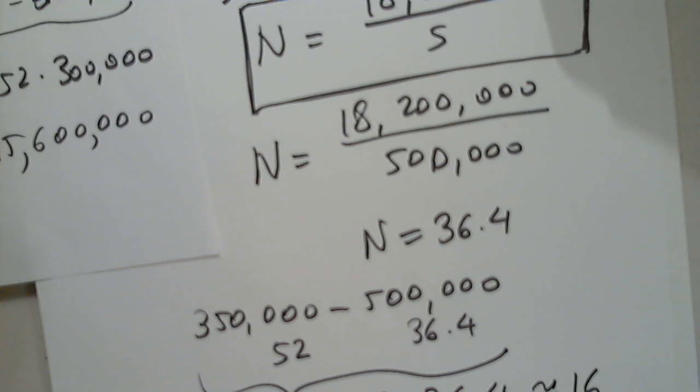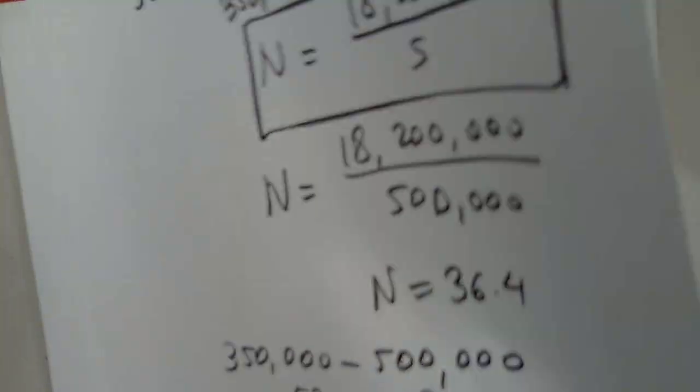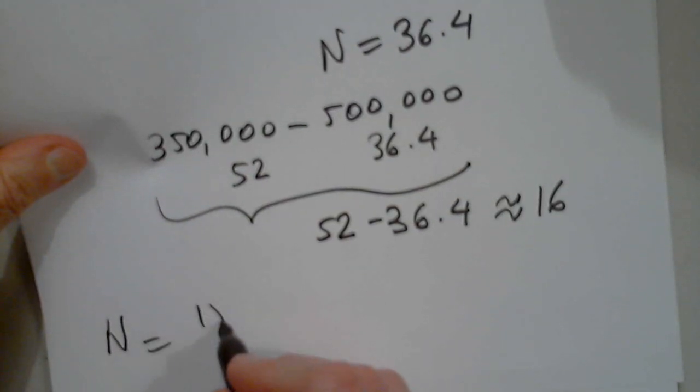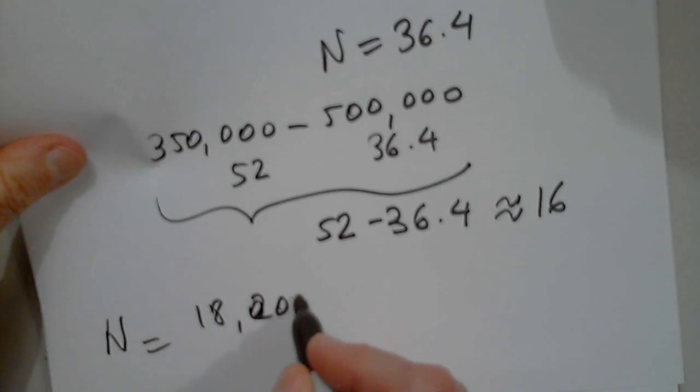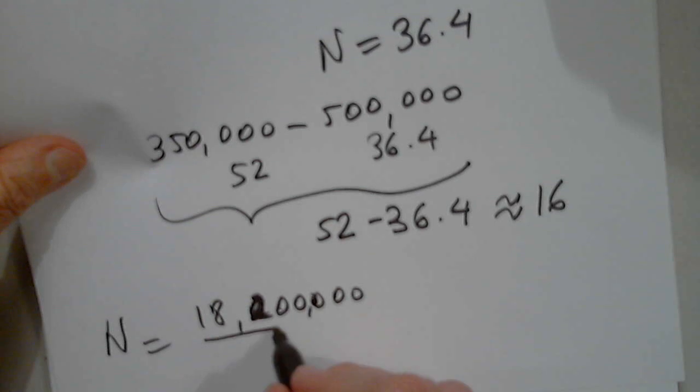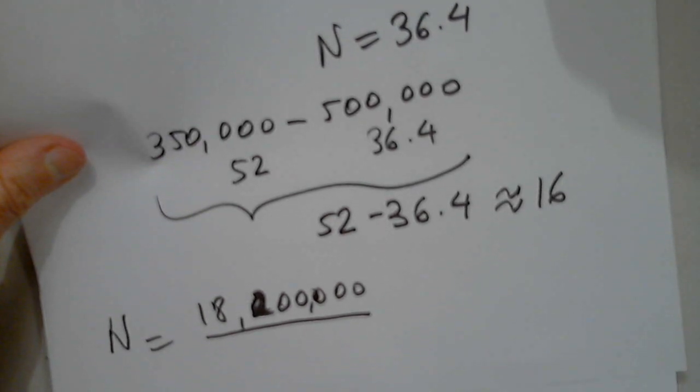Now let's look at the other one. So they want with the population between 250 and 650. Let's check that one. So we repeat the steps. 18,200,000, and we divide by the other two numbers.